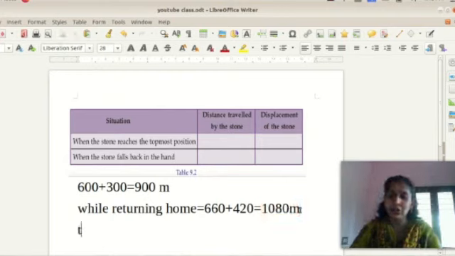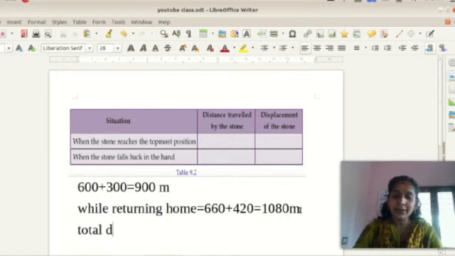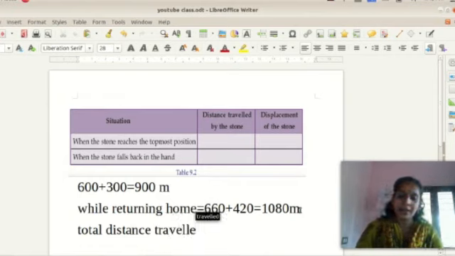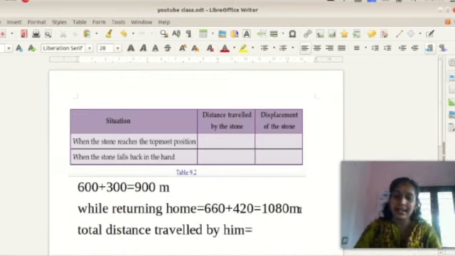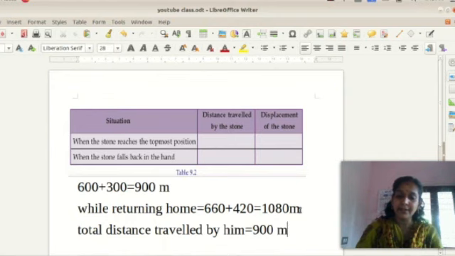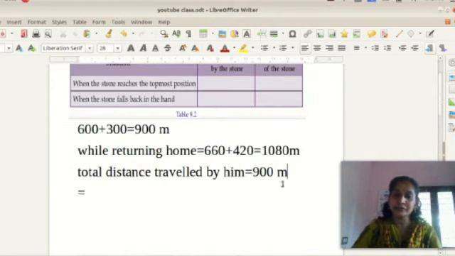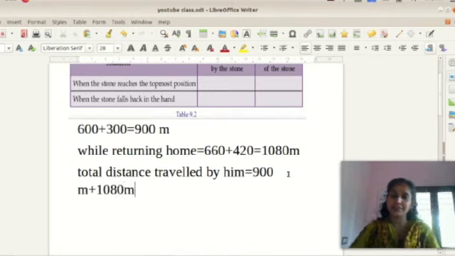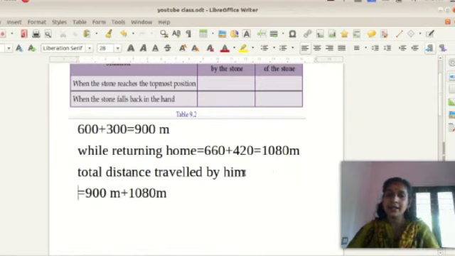Then, the total distance traveled by him is equal to 900 meter plus 1080 meter, isn't it? 900 meter plus 1080 meter.